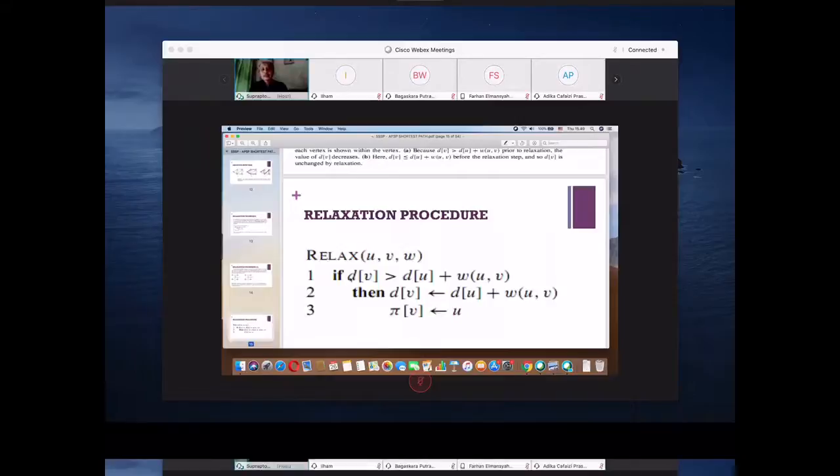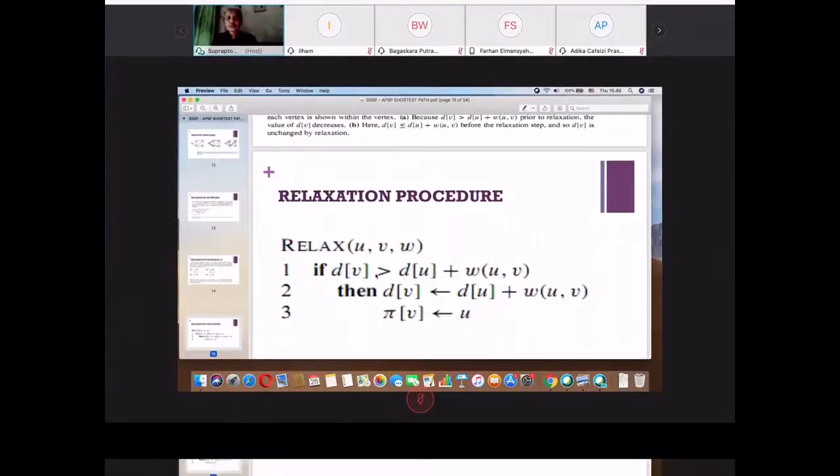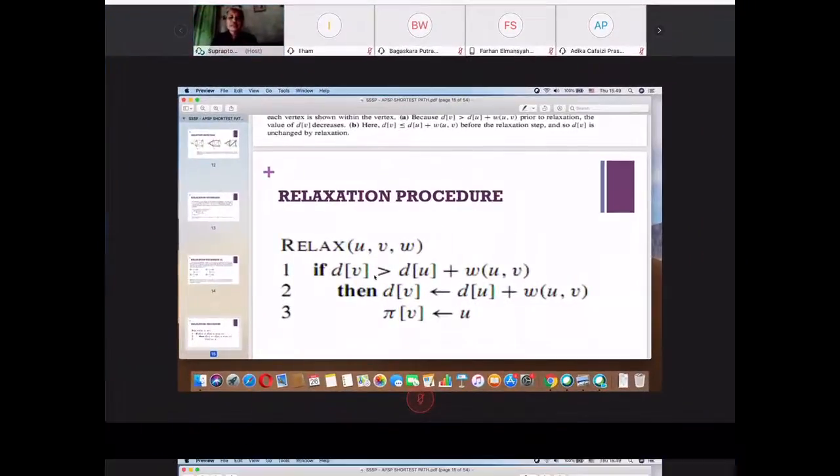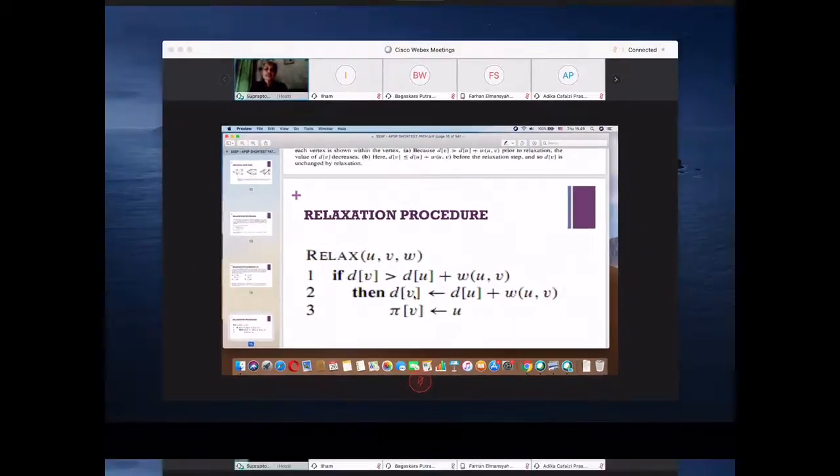So according to this instruction, if this condition is true, what does it mean? The shortest path estimate of V is greater than the shortest path estimate of small u plus the weight of the edge from U to V, then you have to update it, right?